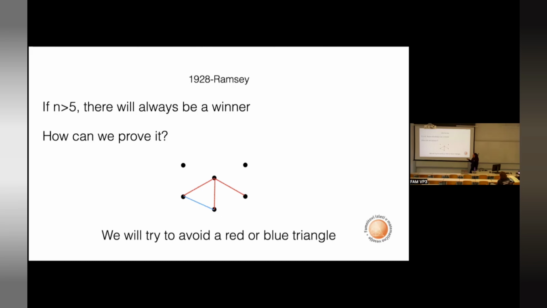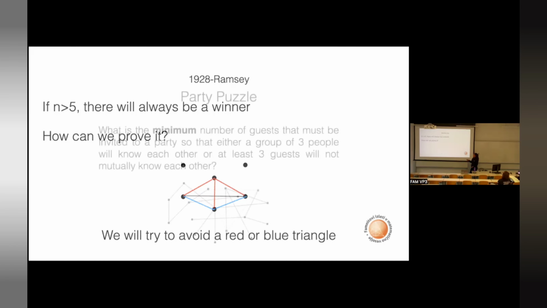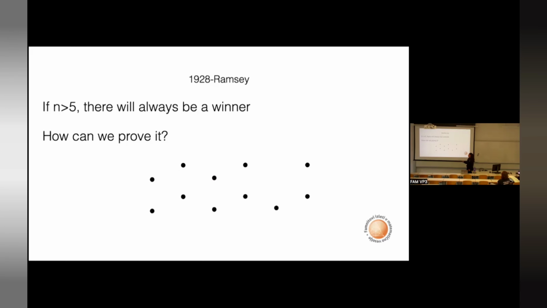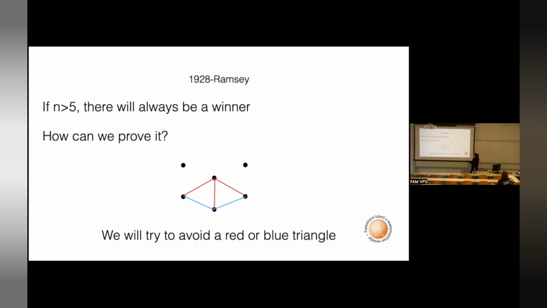If I put a red line, it will have a triangle. So it has to be blue. But now what happened with this line? Doesn't matter which color it is, I will have a red triangle or a blue triangle. So every time we have more than 5 points, we will have this configuration. So we cannot avoid this. I will go through it.